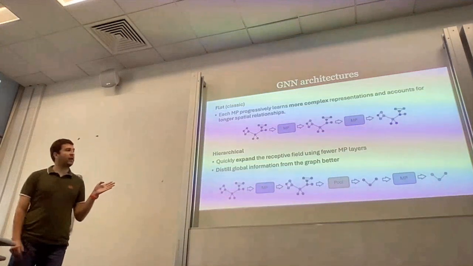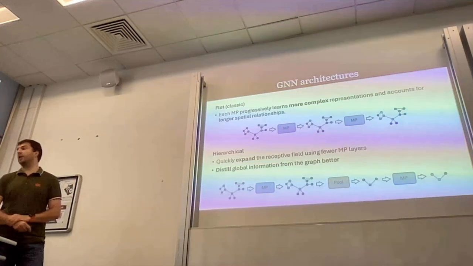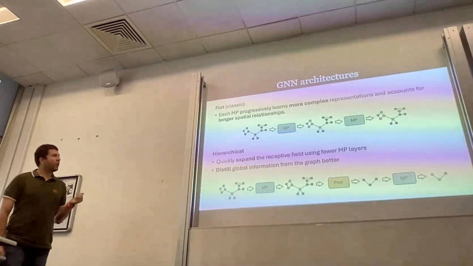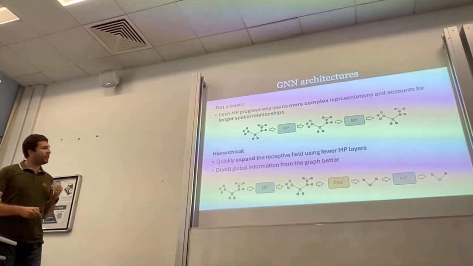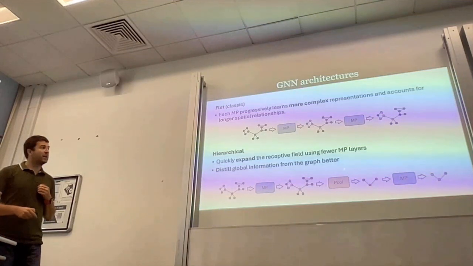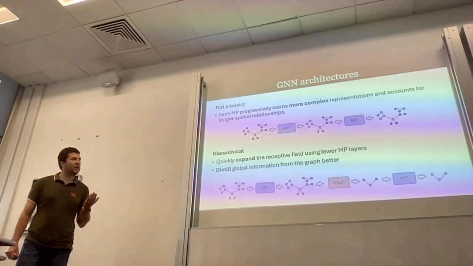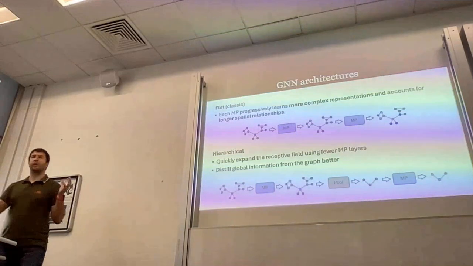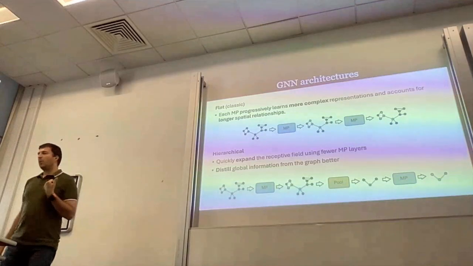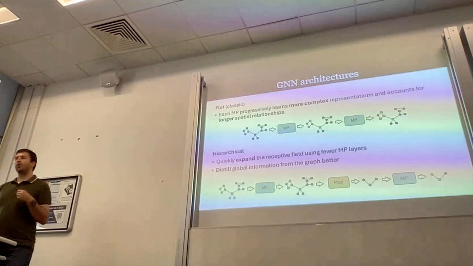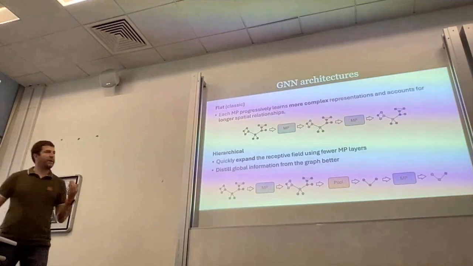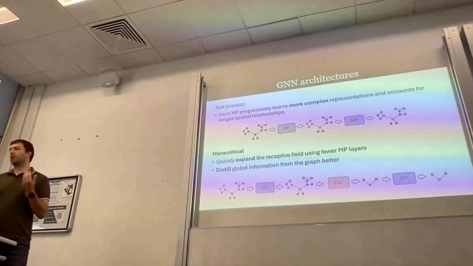Those which are more interesting for me, and that we will discuss today, are the hierarchical ones. The hierarchical ones alternate message passing with pooling operators, and graph pooling is something which enables learning a smaller version of the graph. Why is this useful? First of all, it allows expanding the receptive field much more quickly compared to just stacking message passing layers on top of each other.